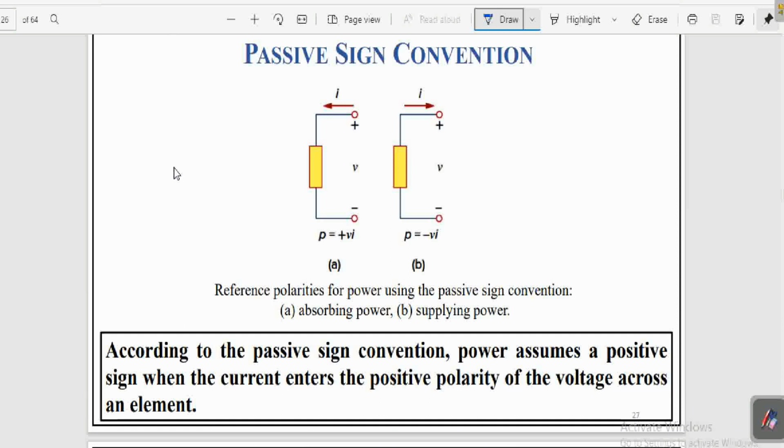Positive sign convention is used to define voltage polarity and current direction for passive elements.